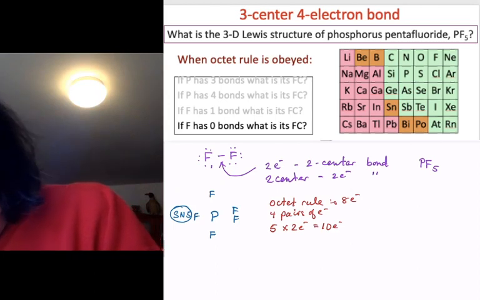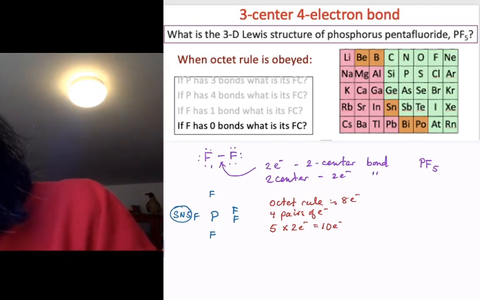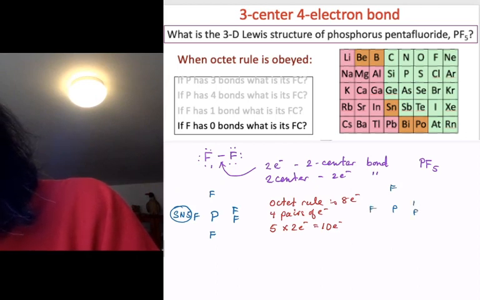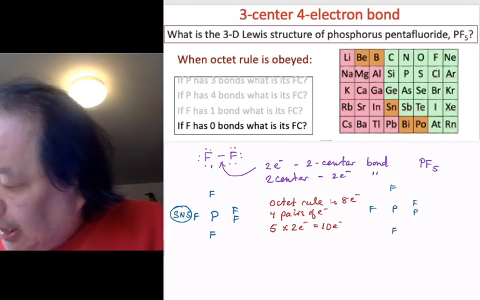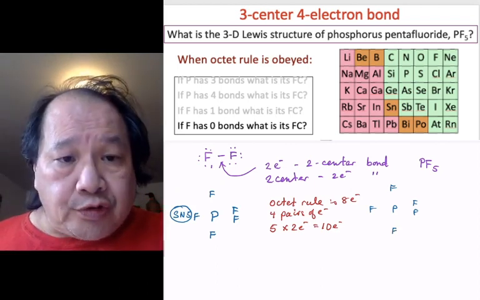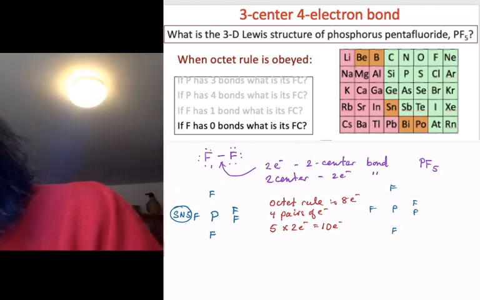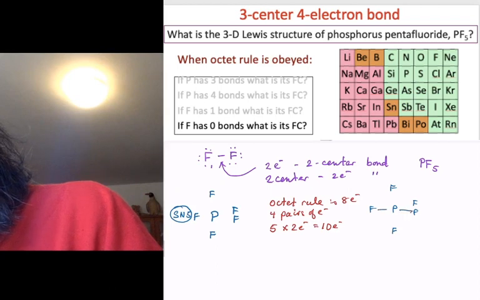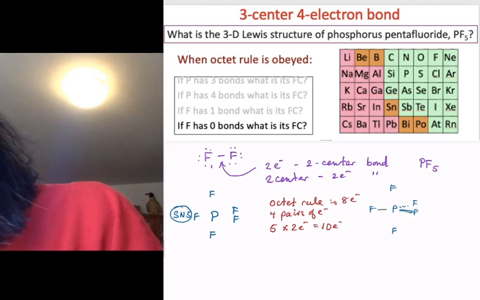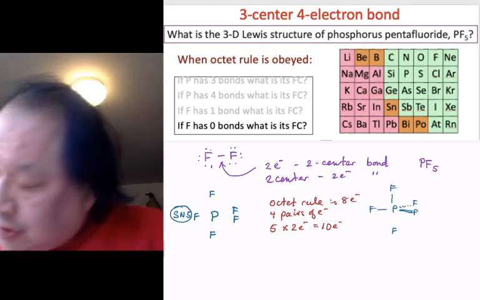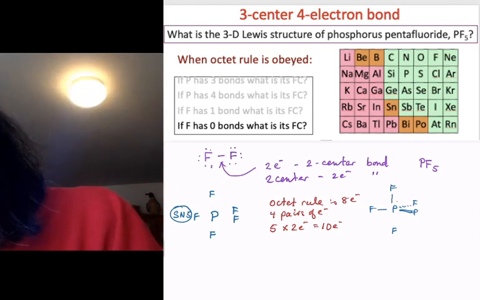The answer is this. We know the shape is, here's the P. Here we know the fluorines are like this. And we're going to make phosphorus with 4 bonds. That makes it phosphorus plus.